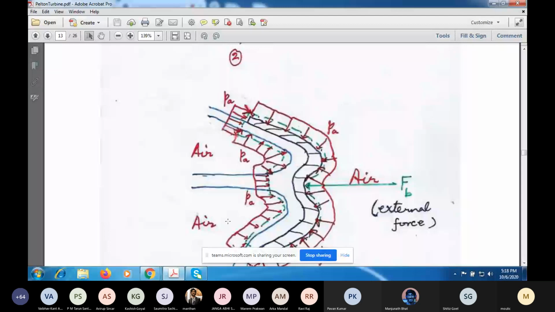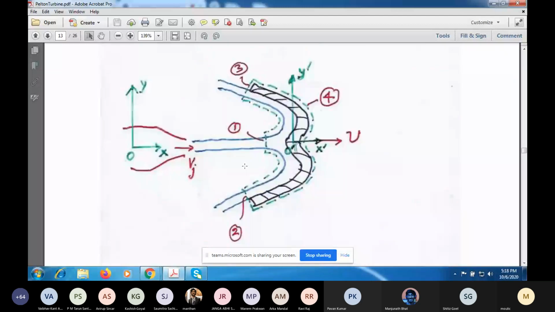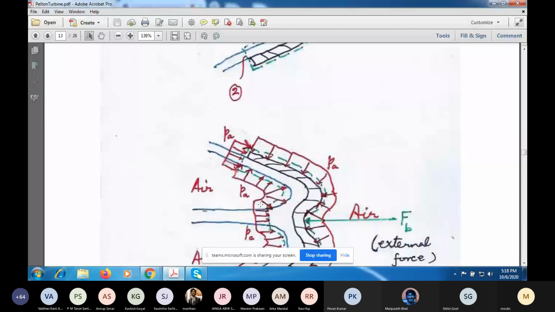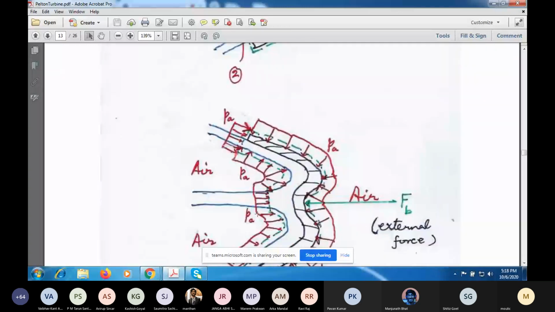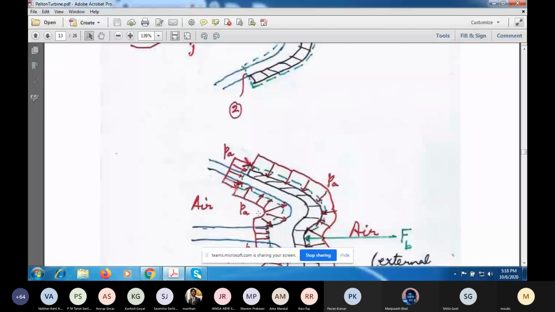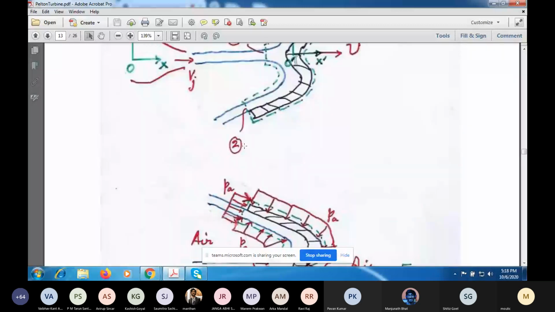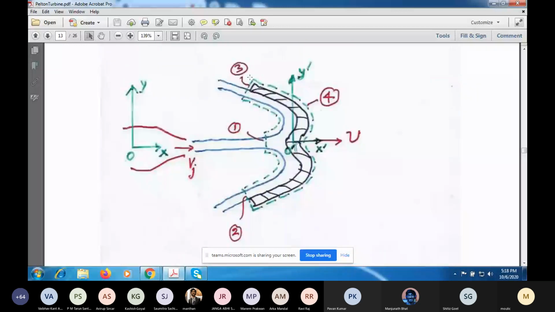If you look at, say, this surface, we'll call it the free surface of the jet. You have air, so obviously here also the distributed force will be constant, and the intensity will be atmospheric pressure. Now, if you look at section 2, here you have liquid, it's not air. And similarly at section 3, this control volume is cutting through the liquid.